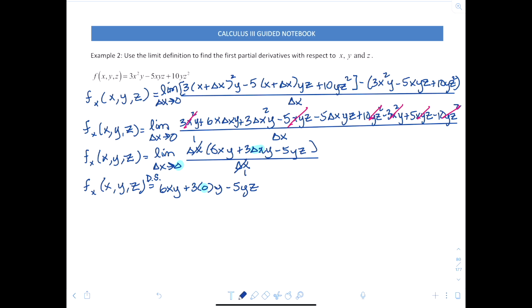And that gives us a final result of 6xy minus 5yz. Cool? All right, so that's the first one.